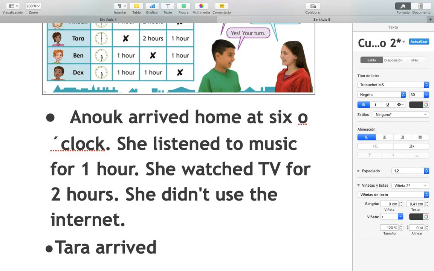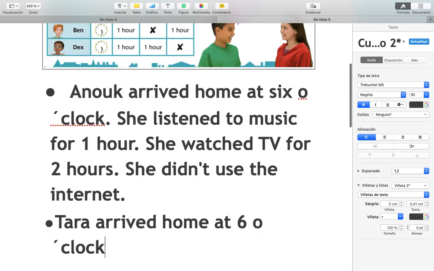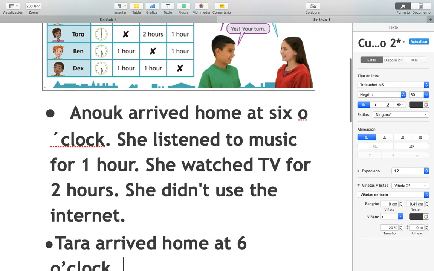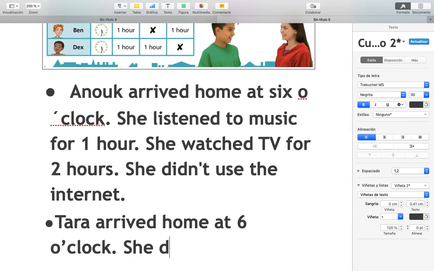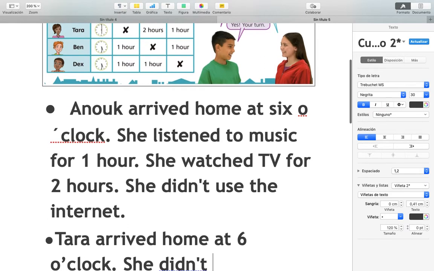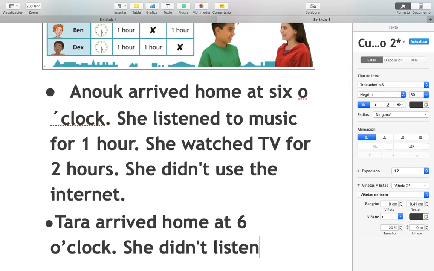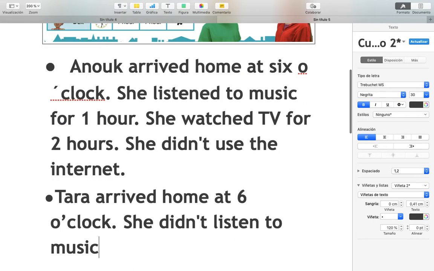Tara arrived home at 6 o'clock. Estamos haciendo lo mismo que hacemos en clase, porque si no luego no podemos seguir con el activity. She didn't listen to music.